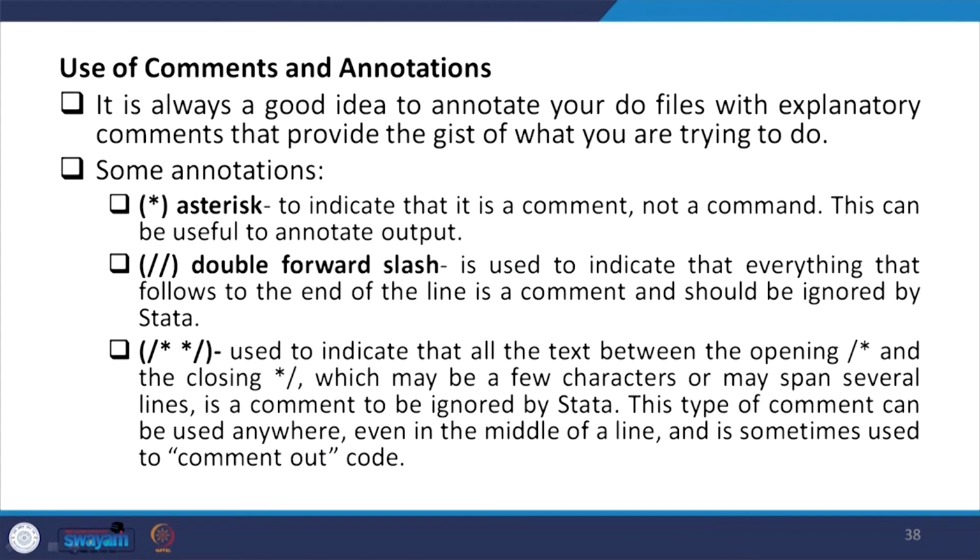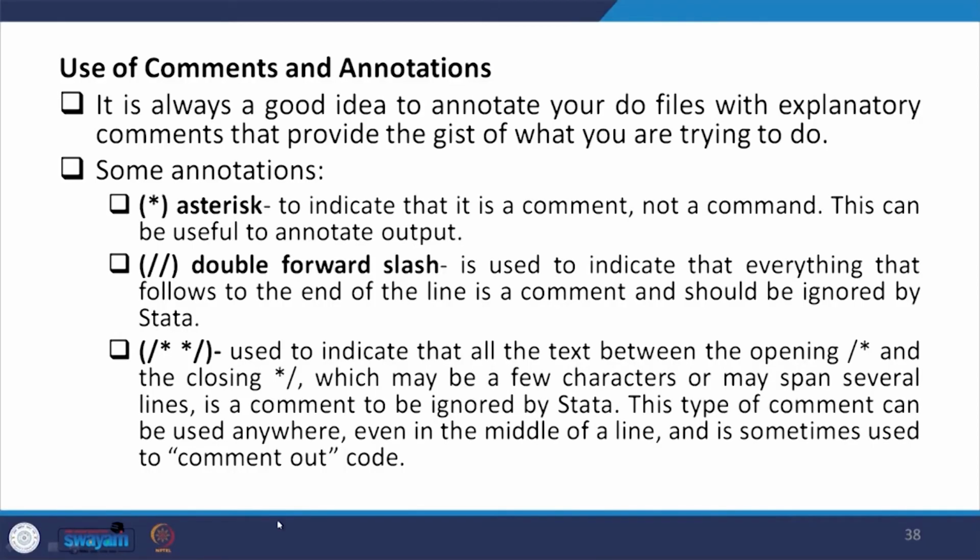Whereas if there is a double forward slash, not the backward slash, this is used to indicate that everything that follows to the end of that line is a comment and should be ignored by Stata. If this is there, that should actually be ignored by Stata. Let me first cover that, then we will go by this.